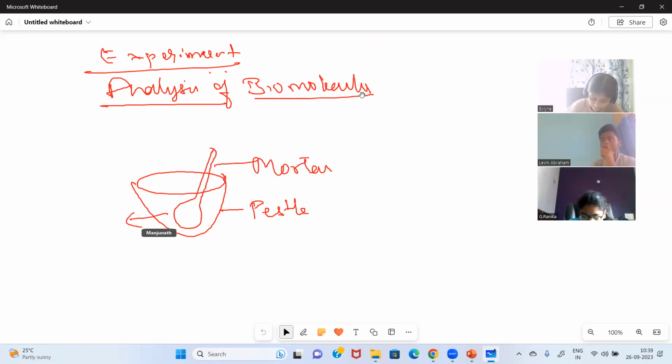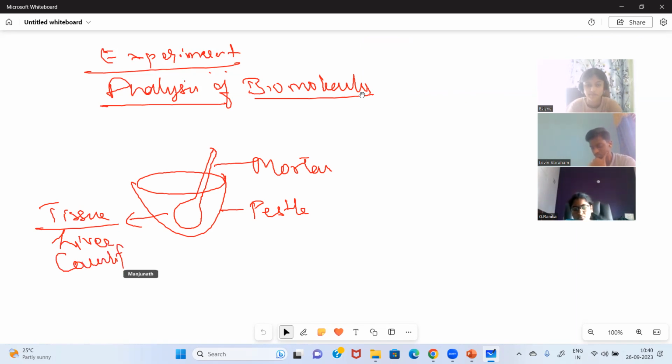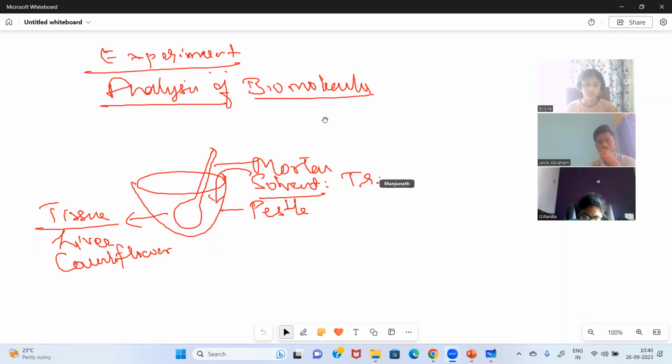We take a tissue. If it is an animal tissue, then it is a liver. If it is a plant tissue, then it is a cauliflower. Then to this, we will add the solvent. The solvent we add is the trichloroacetic acid.